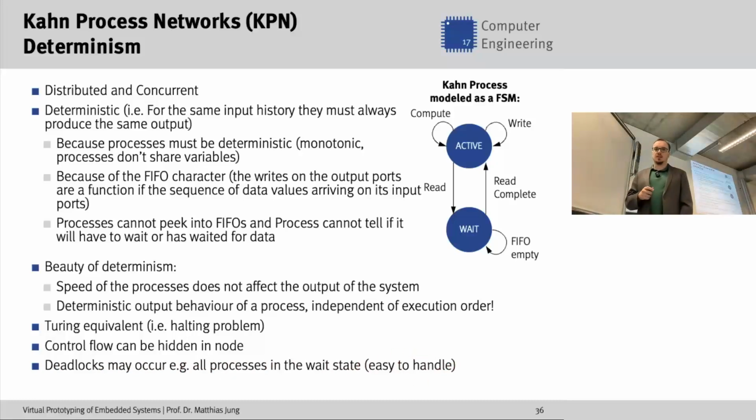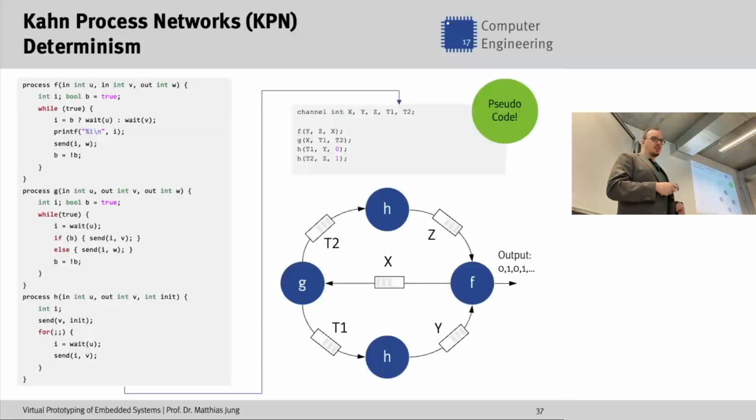Okay, so let's start with the, I think, original example that Kahn proposed back then, and I use here pseudocode, basically. So in the original paper, it was kind of Ada code or whatever, and I translated it into something that we can read today, which is kind of C++, Java, whatever code.